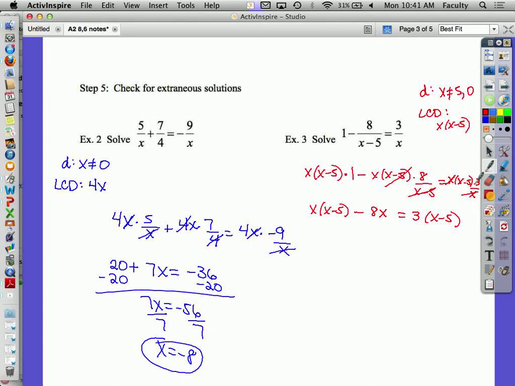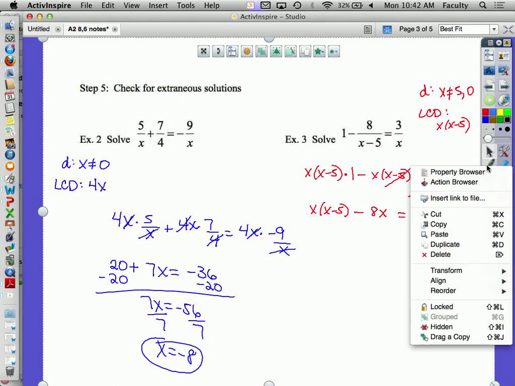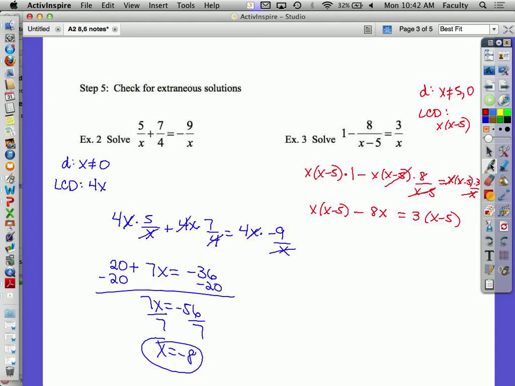Now what I want you to notice here before I move on, when you multiply by the LCD, it gets rid of all the denominators. And that was the point. I don't know how to solve an equation with a fraction, but I know how to solve it if I get rid of the fraction. So now let's solve this resulting equation. I get x squared minus 5x minus 8x equals 3x minus 15.